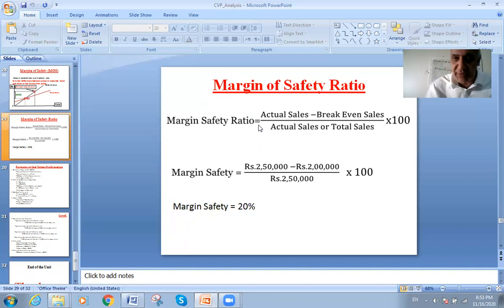I will give you two numbers, and you will get for me the margin of safety.